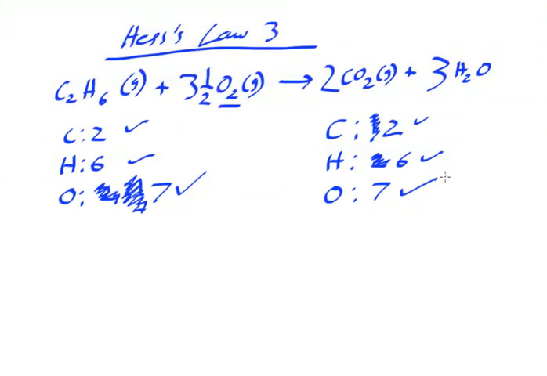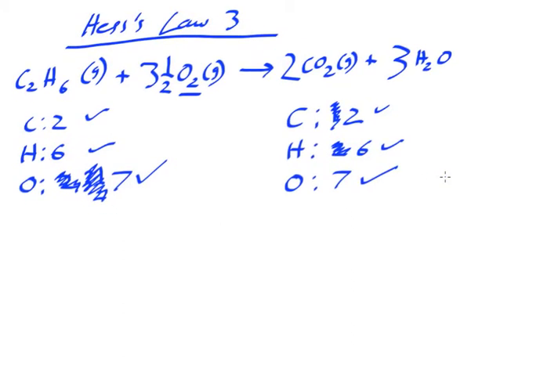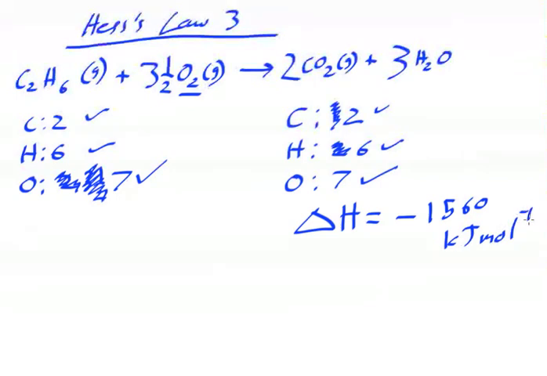Right, so we've balanced that, but the question is also going to tell us what the delta H is for this reaction, and the delta H is minus 1560 kilojoules per mole. Okay.